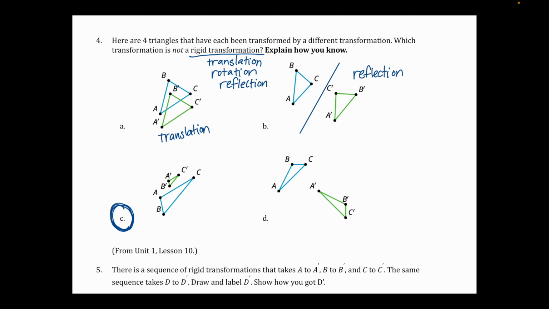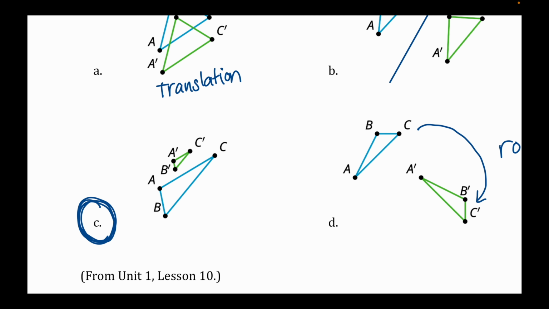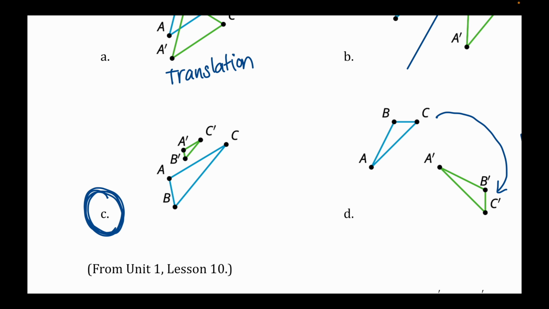And generally, that would rotate. We're rotating sort of this direction, so this is our rotation. Now, part of being a rigid transformation is that it's going to preserve the size and the shape of the pre-image when it maps it onto the image.